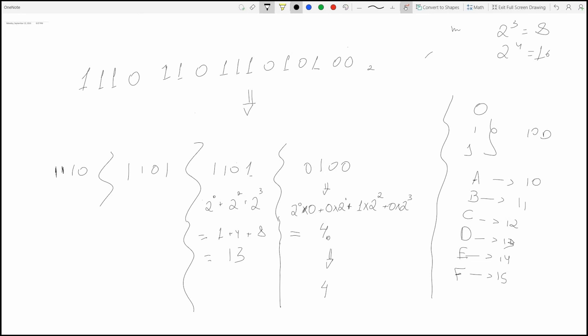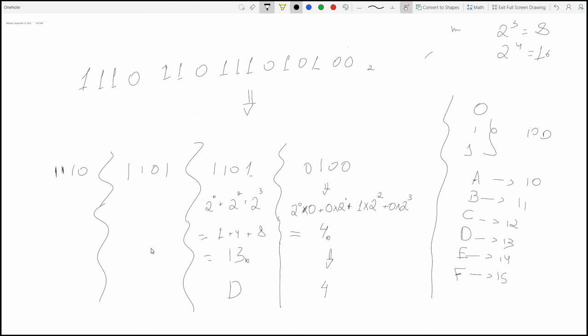And 13 in our case is D. Of course this is 13 in base 10. When we convert 13 in base 10 into base 16, hexadecimal, we get D. Just look in here and you can see the conversion. Remember to learn this table by heart or just comprehend it, because it's not that hard.